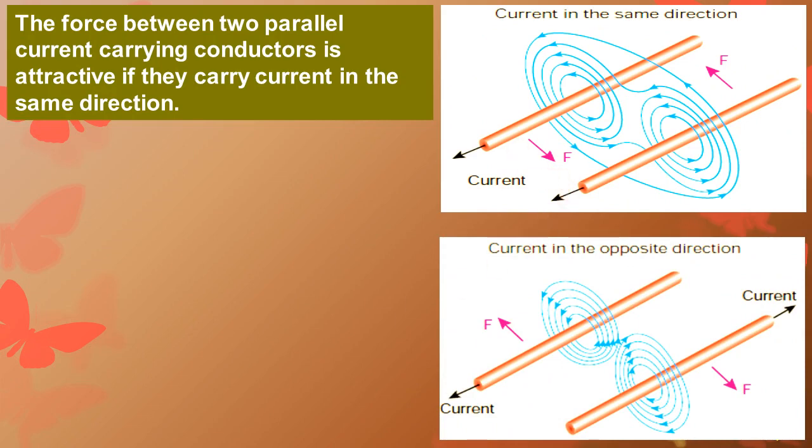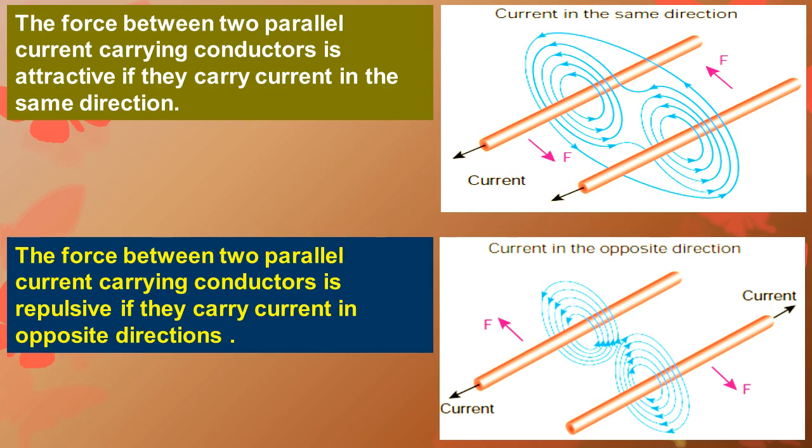At the same time, the force between two parallel current carrying conductors is repulsive if they carry current in the opposite direction. Here you can see they carry the current in the opposite direction, but in the first one they carry the current in the same direction.